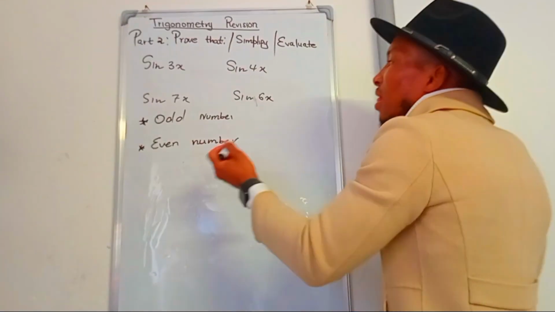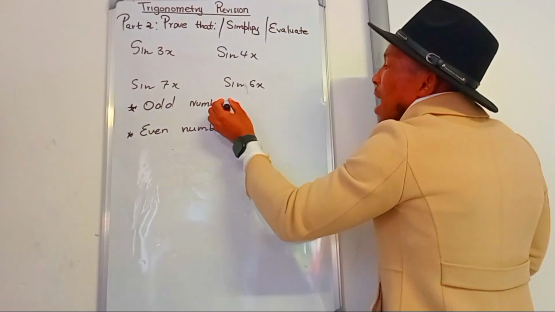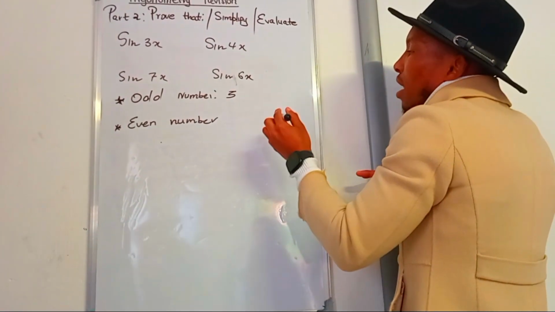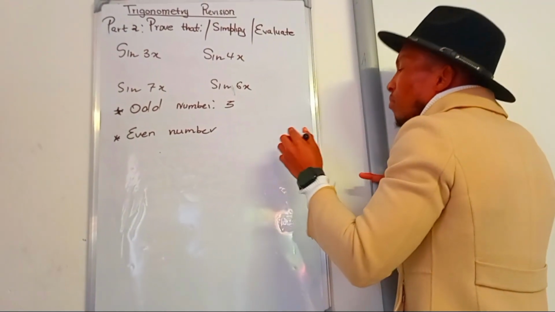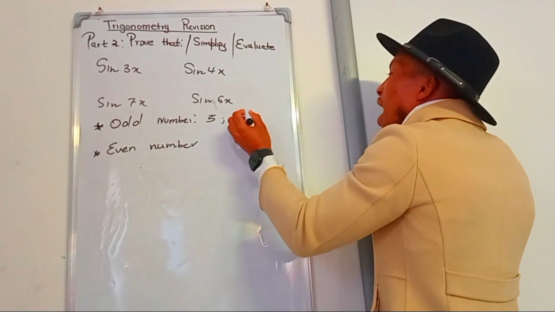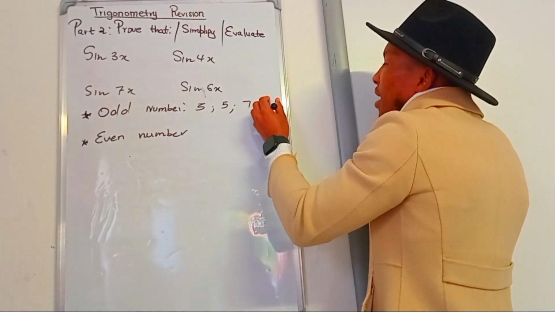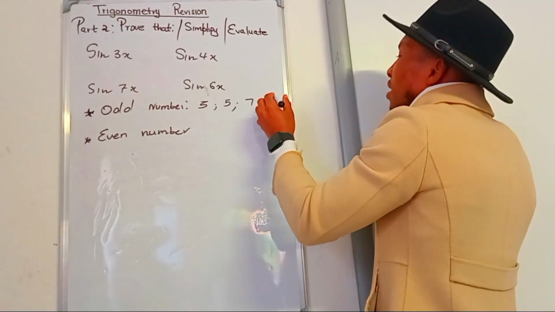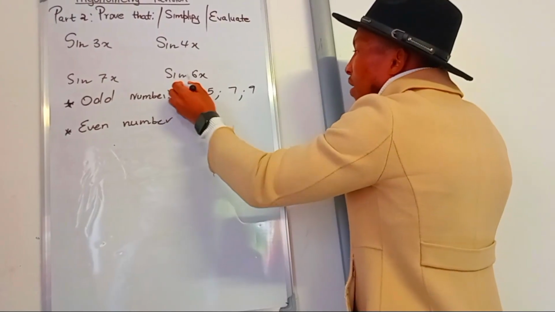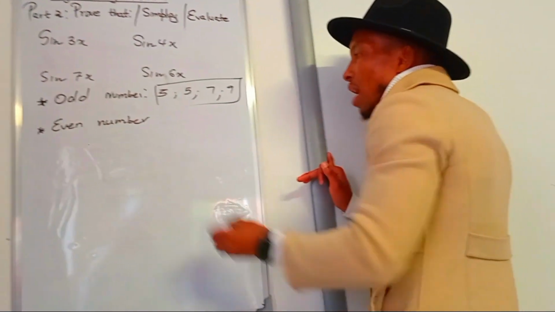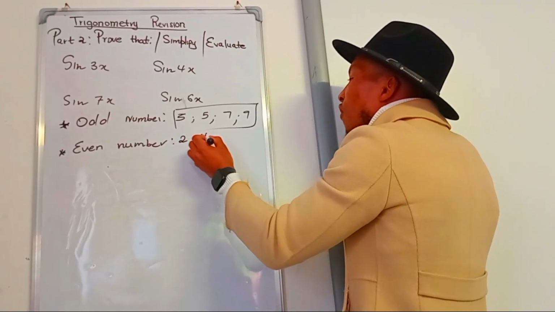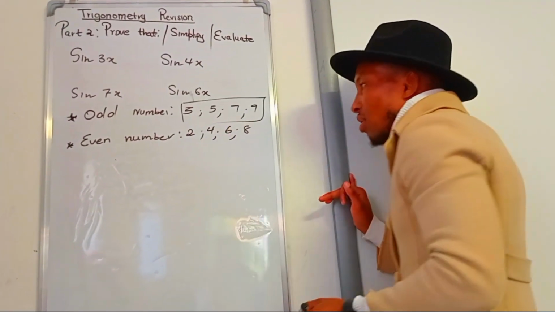The odd numbers are those numbers like 3, 5, 7, 9, 11. Some of the first odd numbers that we normally use are these. And we also have the even numbers, which are 2, 4, 6, and 8.